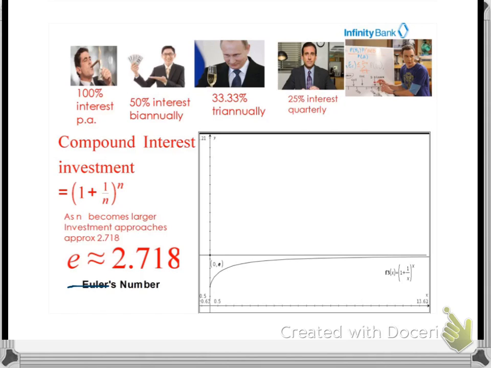So this is a very important number that models growth in a whole range of contexts, from population growth to exponential decay when looking at radioactive isotopes, and many other growth type models.